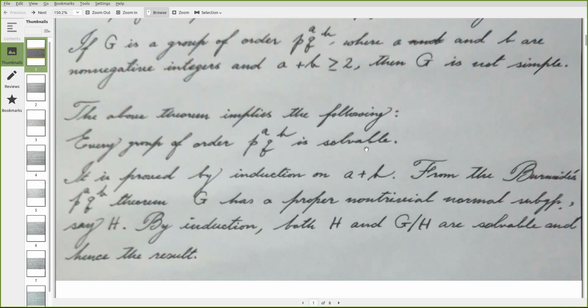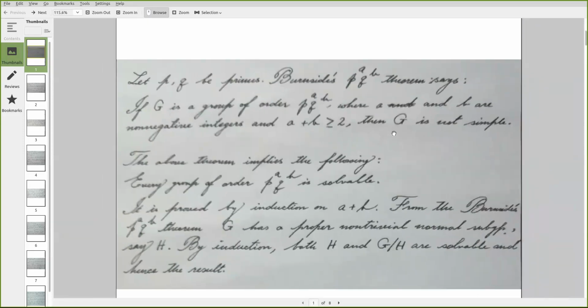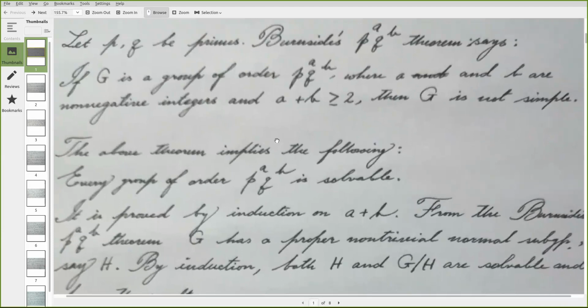In that case the order of G becomes some prime, so it's a group of prime order, hence it is nilpotent and consequently solvable. Thus we have proved that every group of order p to the power a, q to the power b is solvable from Burnside's p to the power a, q to the power b theorem.